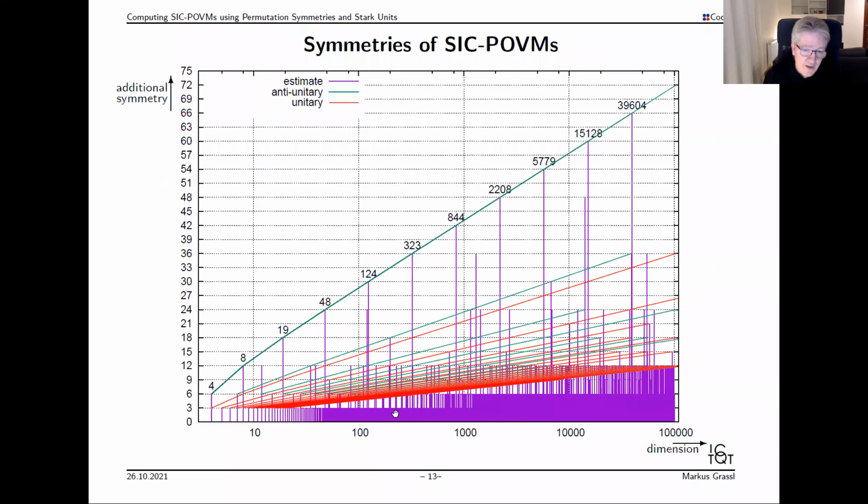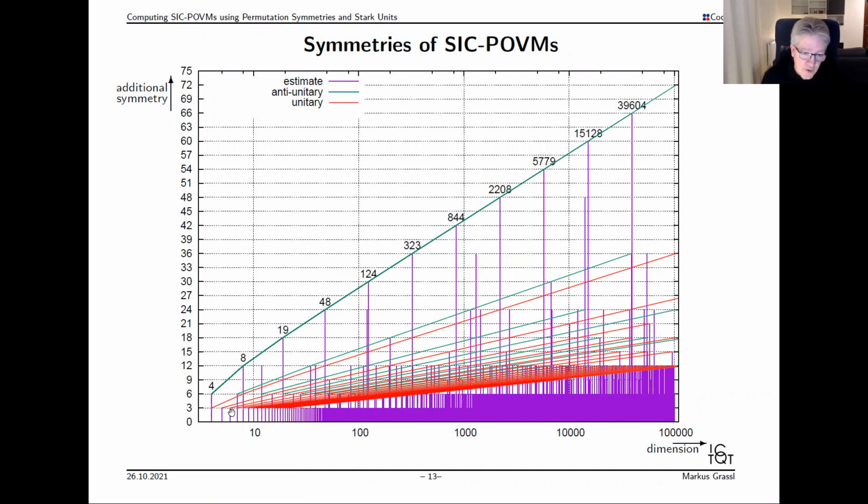When we look at how much symmetry we get for the dimensions, we look at this plot. Now we have a logarithmic plot for the dimension and a linear scale for the additional symmetry. The sequence I showed you before, corresponding to Fibonacci-Lucas SIC-POVMs, turns out to be the sequence of symmetries where the order grows the fastest with the dimension.